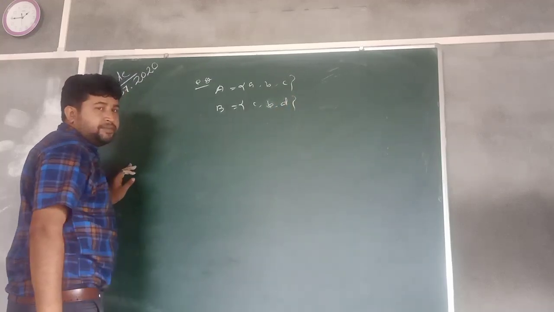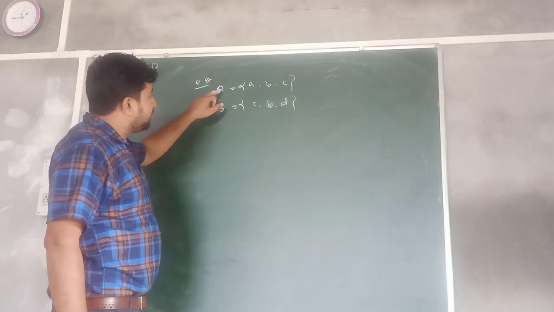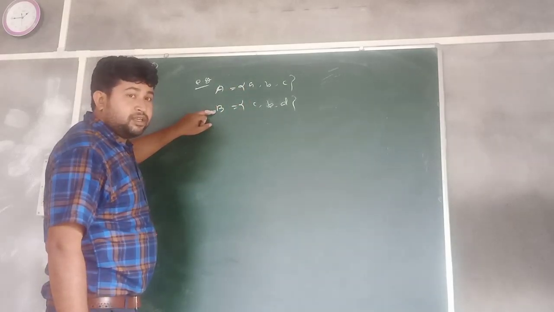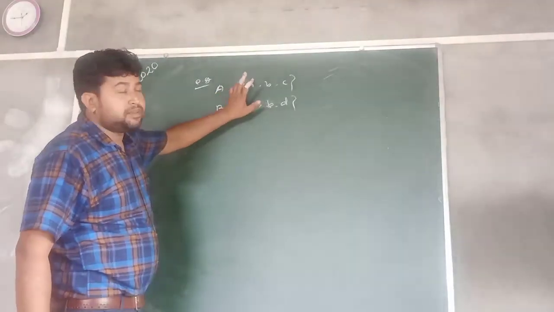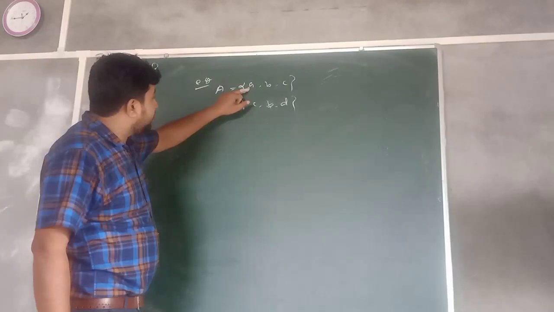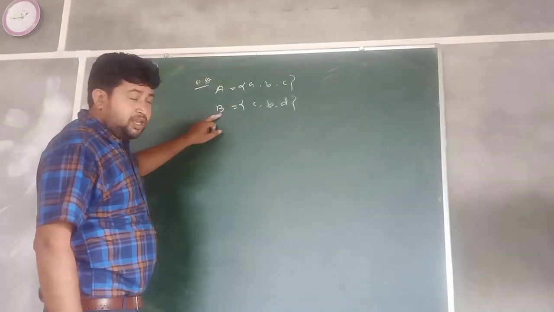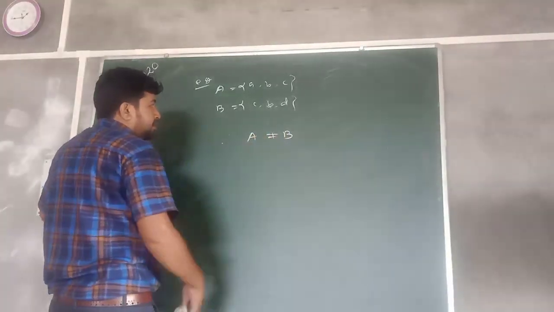Here you see the same number of elements. That means the number of elements of A and of B are both the same. But the elements are not the same. That means a belongs to capital A, but a does not belong to capital B. That means A is not equal to B.